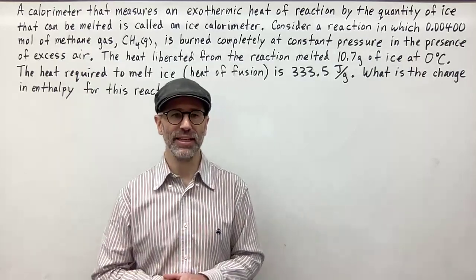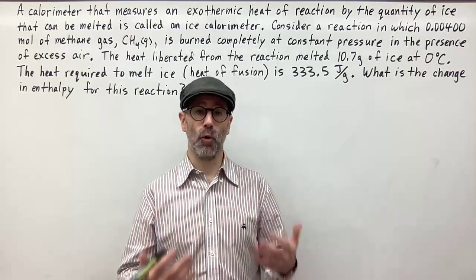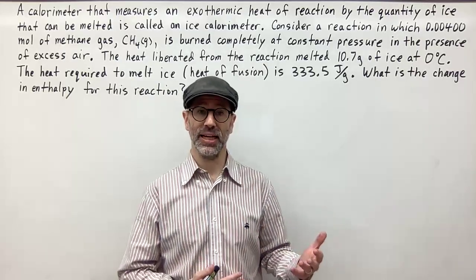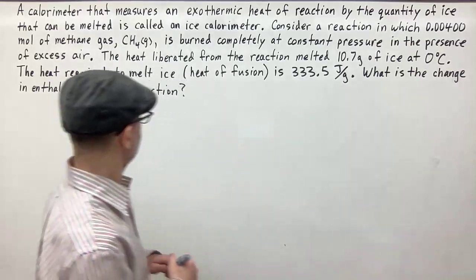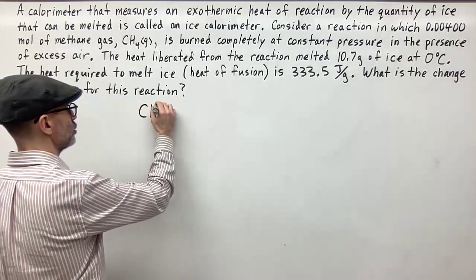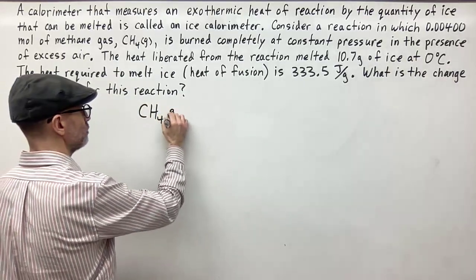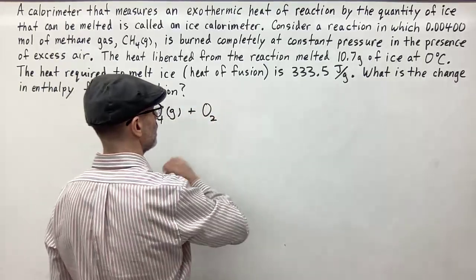I think the first thing we need to do is write a balanced equation for the combustion of methane gas. First thing is we're given the formula CH4 gas for methane. That's going to react with oxygen.